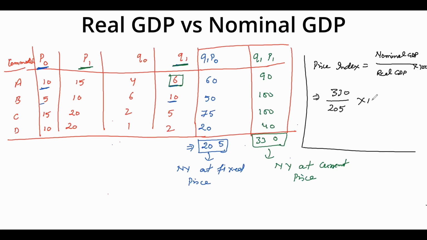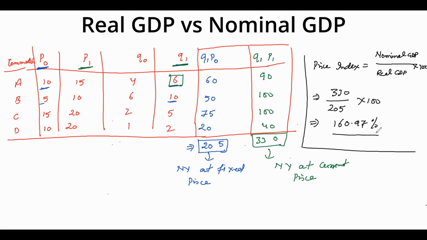अब जो भी आपका आंसर आएगा उस आंसर के बेस पर आप ये कहेंगे कि how much change has taken place. Suppose it is 330 divided by 205 multiplied by 100. So it's 160.97, and it is represented in percentage. So what does this indicate?